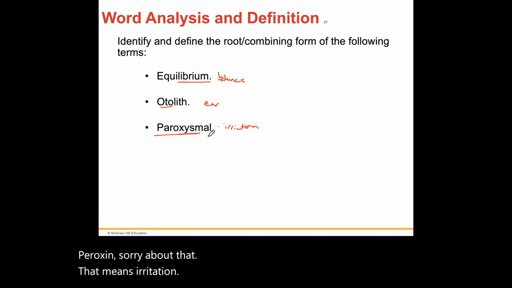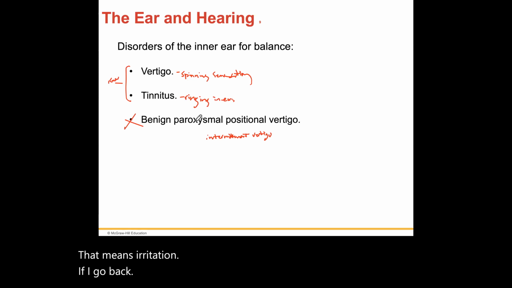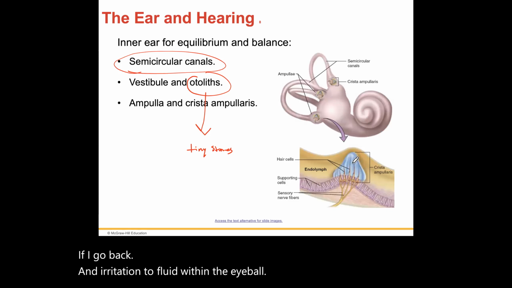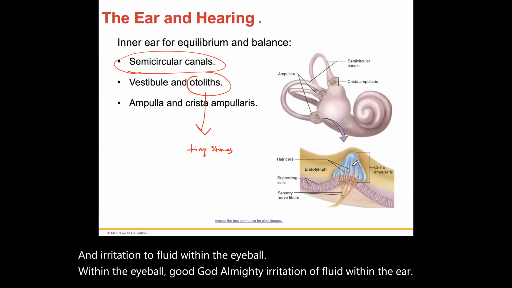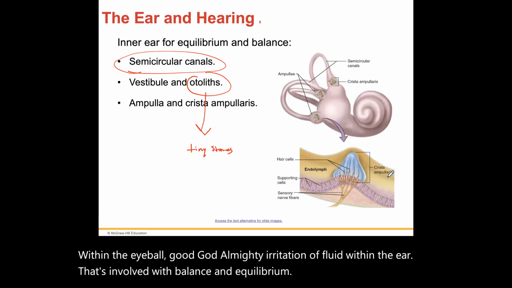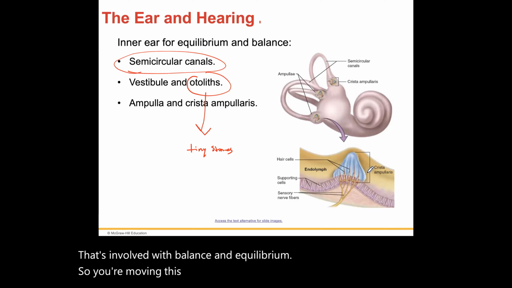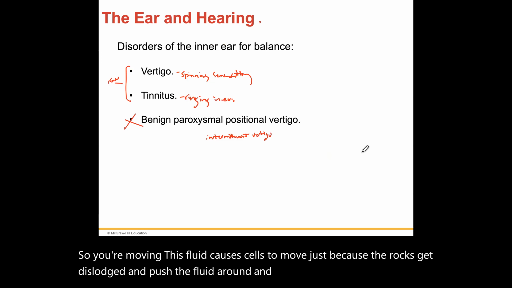Irritation of fluid within the ear that's involved with balance and equilibrium. So you're moving this fluid, causes cells to move just because the rocks get dislodged and push the fluid around. And that causes that intermittent vertigo.